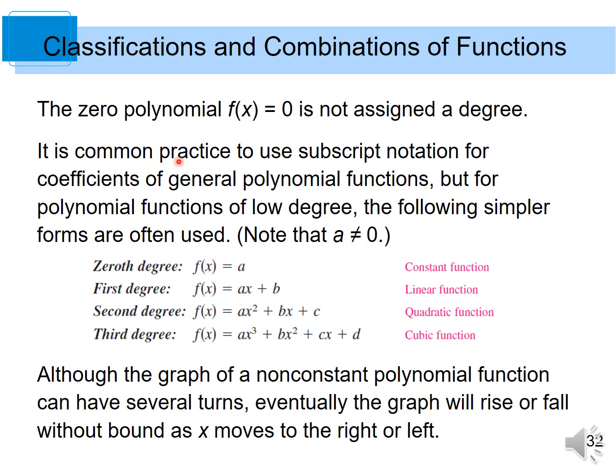It is common practice to use subscript notation for coefficients of general polynomial functions. But for polynomial functions of low degree, the following simpler forms are often used: the zero degree, first degree, and up to the third degree.